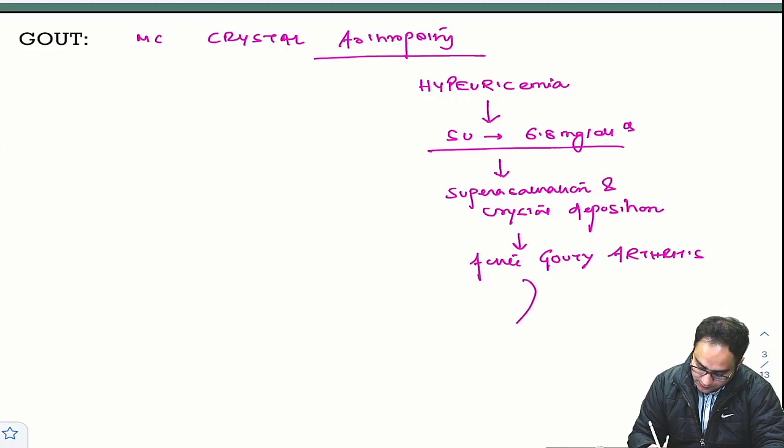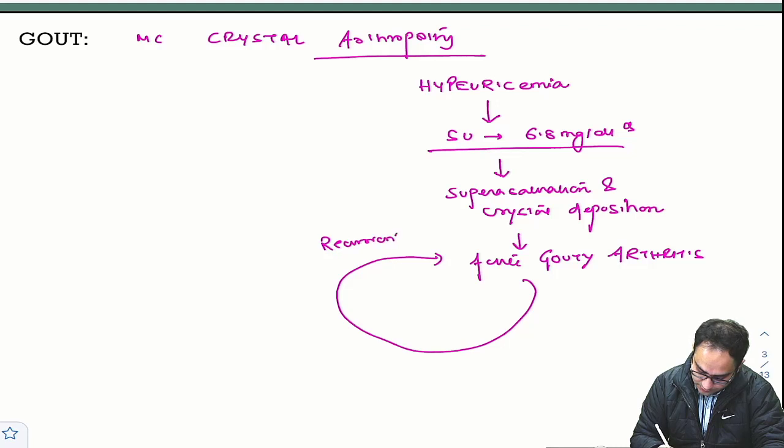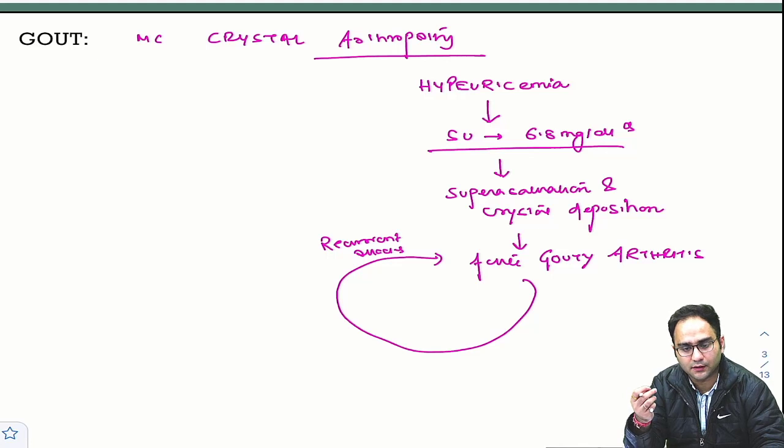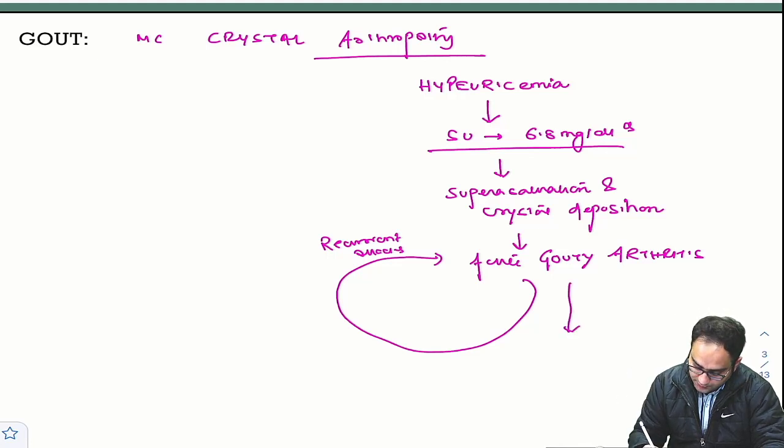Now, they can have recurrent attacks. Recurrent attacks of acute gouty arthritis ultimately can give rise to chronic gouty arthritis, right?